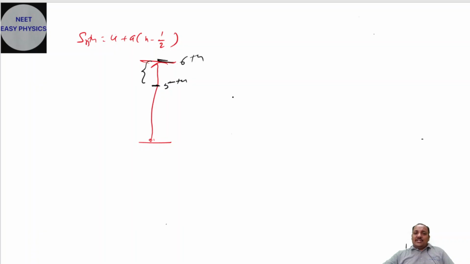Isn't it? An object is projected vertically upwards with u equal to 60 meter per second. What is the distance covered in the 6th second, they will ask. Correct?